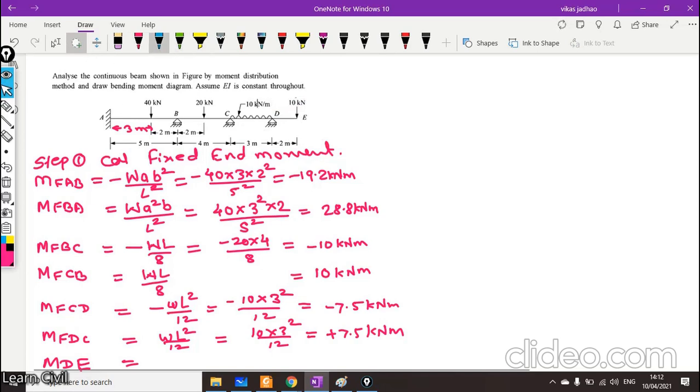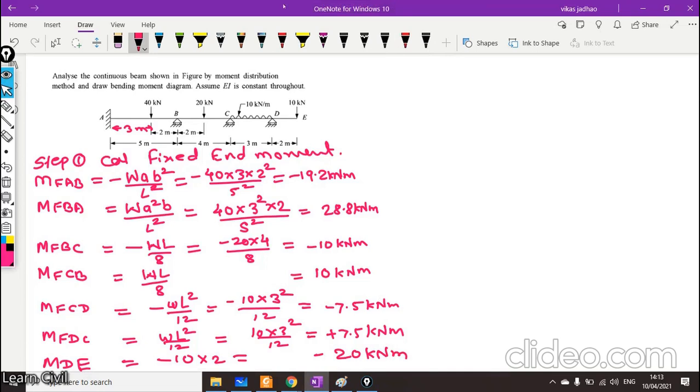This will be minus 10 into 2, so this is equal to minus 20 kilonewton meter. Okay, so this is how the fixed end moments are calculated.